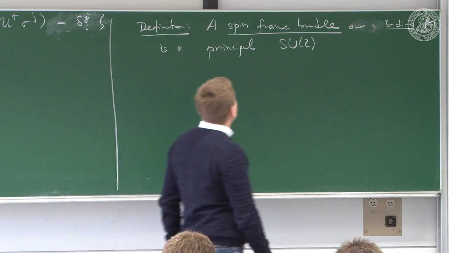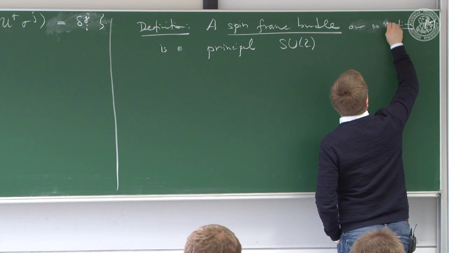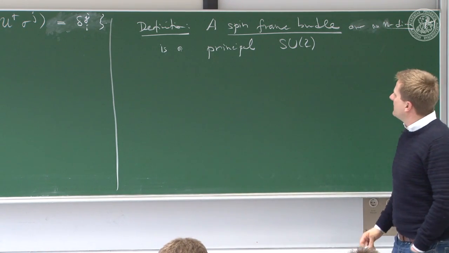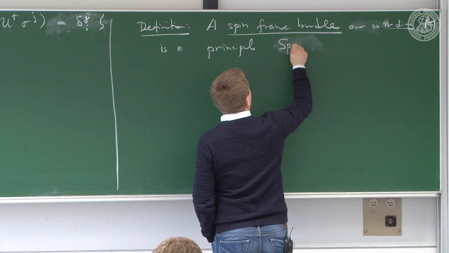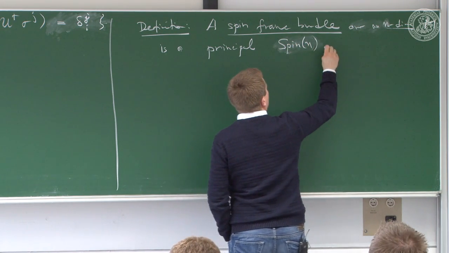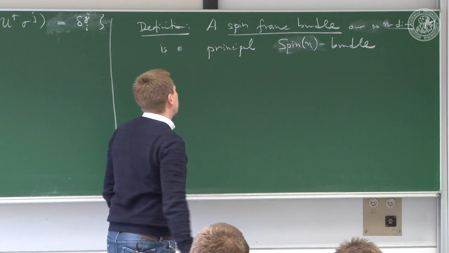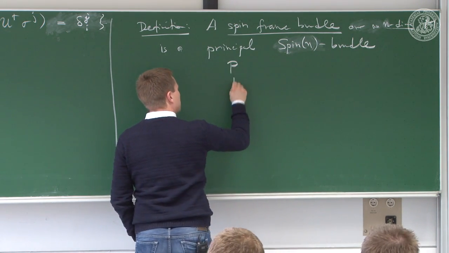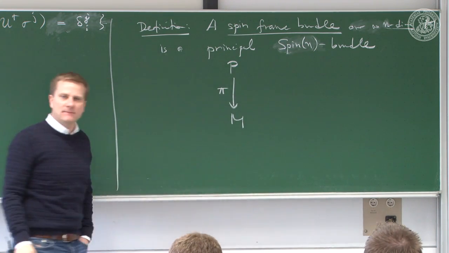Well, let's not be silly. A spin frame bundle over an n-dimensional manifold. Let's not do 3. An n-dimensional manifold is a principal spin n bundle with the pretty name P, totally new, that the principal bundle is called P, okay?